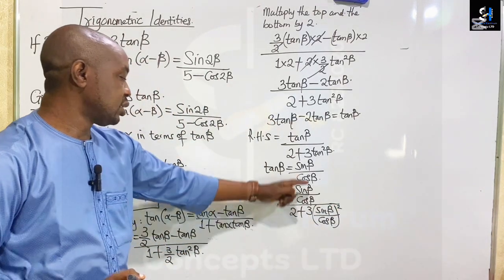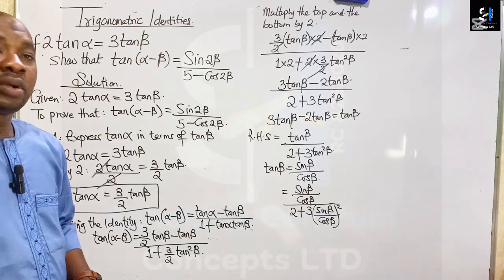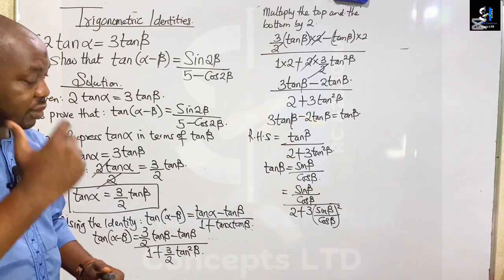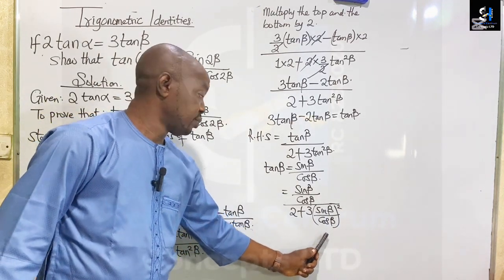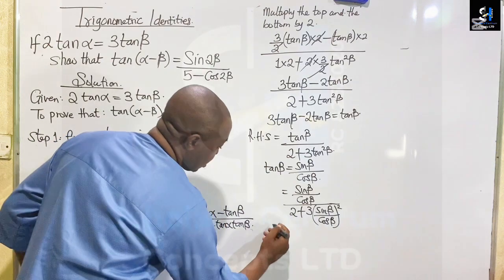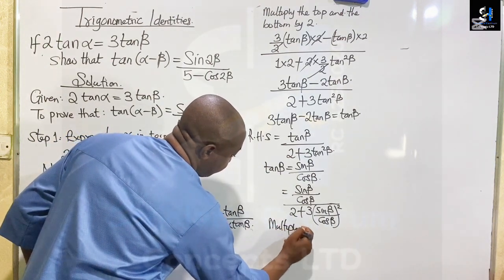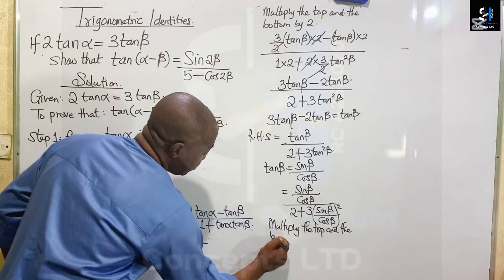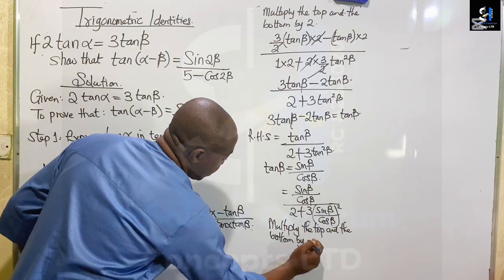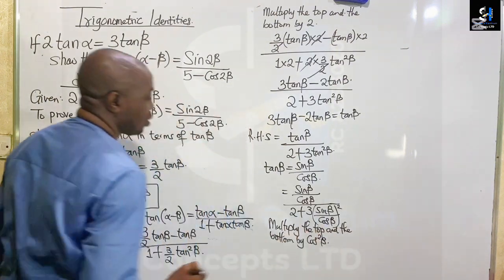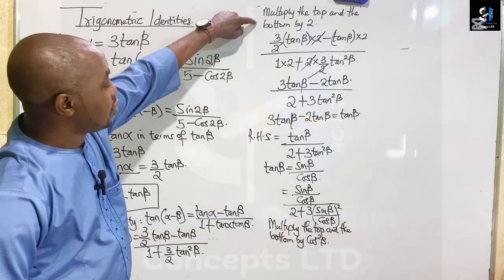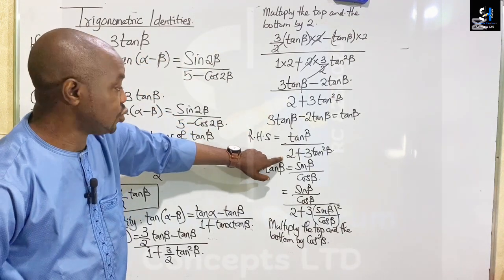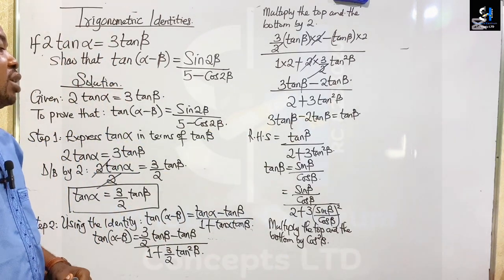So let's multiply the top and the bottom by cos square beta. Remember, we multiplied the top and the bottom by 2 earlier, and the expression reduced to tan beta over 2 plus 3 tan square beta.